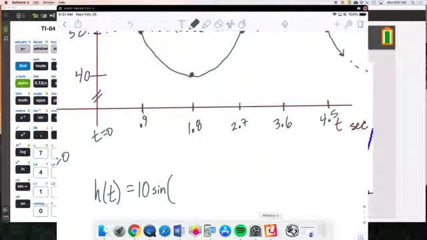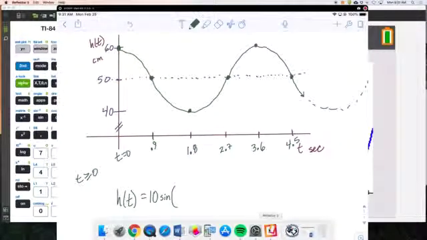Parentheses. What comes next? The period? No. B. How do we get B? Do we get B directly from the graph? No. B is the number of cycles in 2 pi. We don't even have 2 pi graphed there. That'd be 6.28. I wouldn't be able to figure that out exactly. So remember, from the graph we get the period, and then we convert it to a B value.